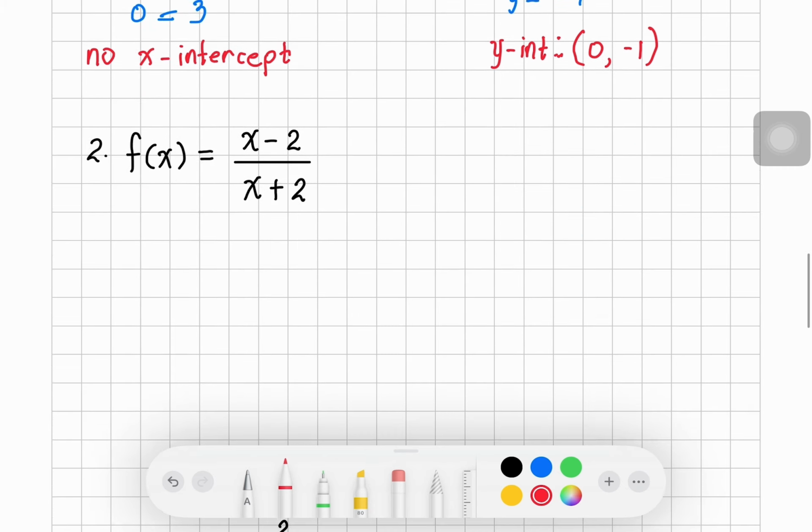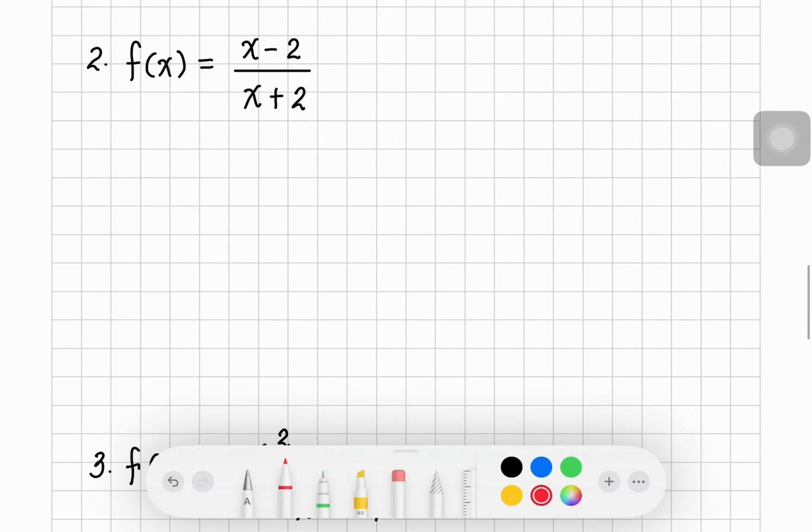So, meaning, yung f of x natin guys, pwede natin itong i-write as y equals x minus 2 over x plus 2. Okay? And then, yung y natin magiging 0.